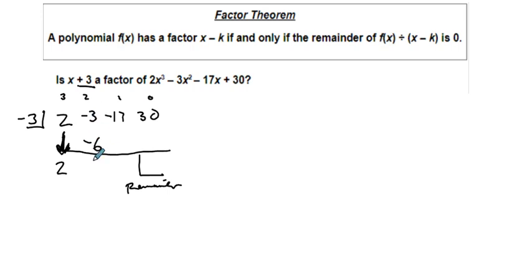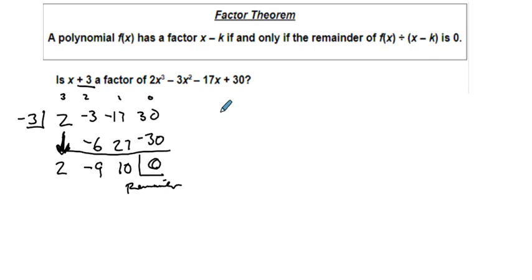Now we add: -3 plus -6 gives me -9. Another multiplication step: -3 times -9 gives me +27. Then +27 and -17 give me +10. And then -3 times 10 gives me -30. And 30 and -30 do make 0.